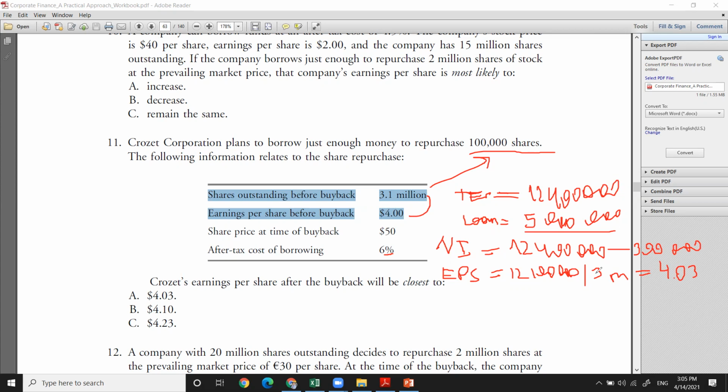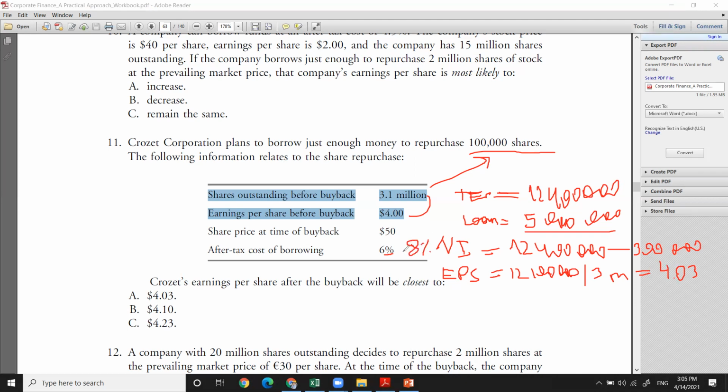But before the calculation, it will be easy for us to understand whether the EPS will go up or down. How can we do it? Anyone who can help me before calculation? Earnings yield. How do we estimate the earnings yield? It's 4/50, which is 8%.